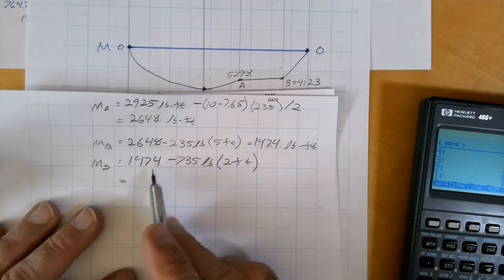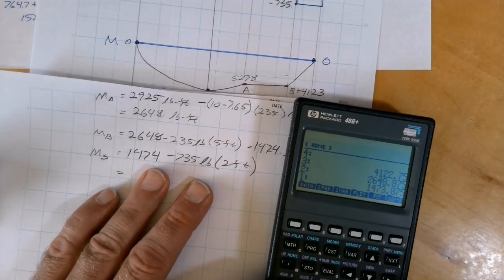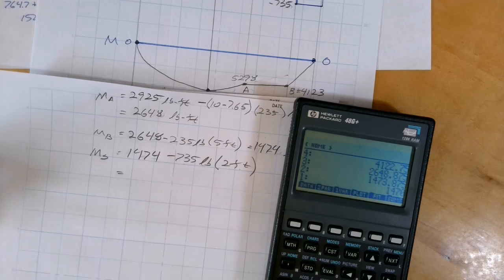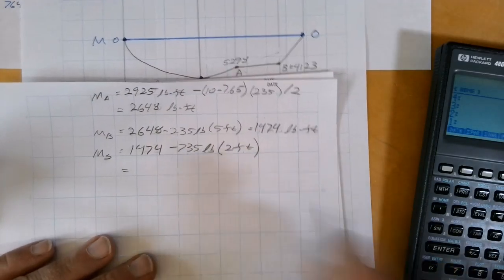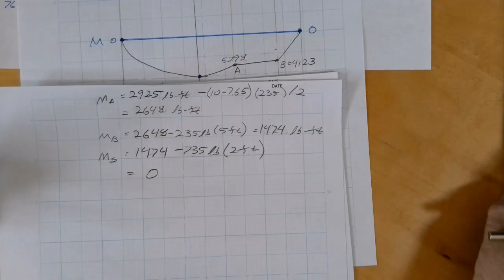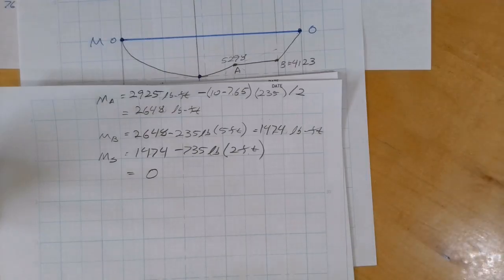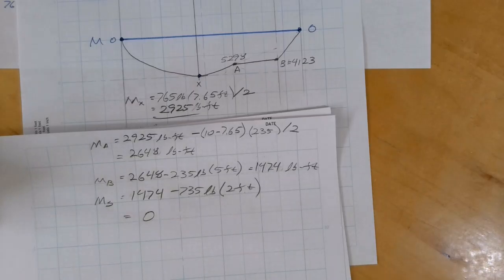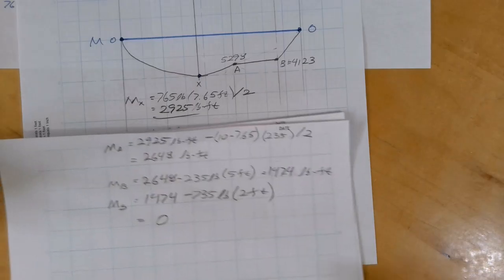That times 2 should get me pretty dang close. So 2 times 735 is 1470. I'm going to call that close enough to 0 because I'm not carrying a ton of decimal points. I could throw that in Excel and carry out as many as I wanted. And again, you can decide how you do that.